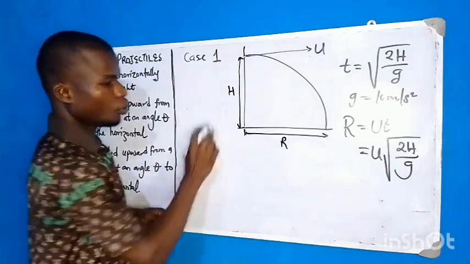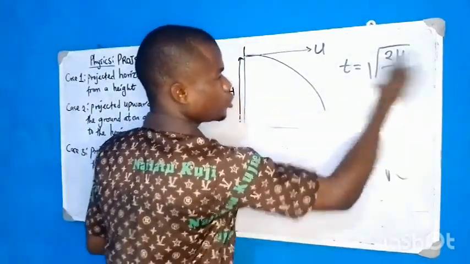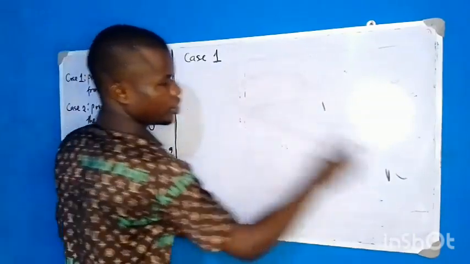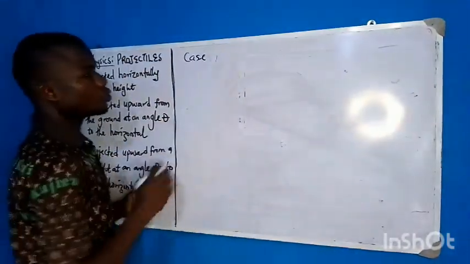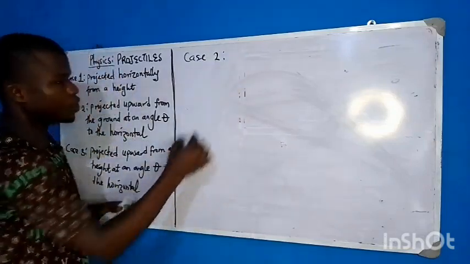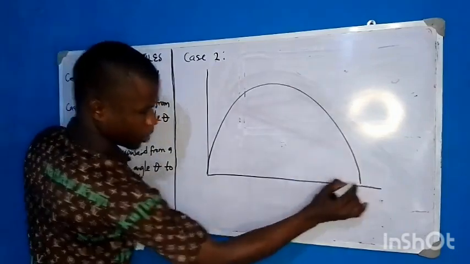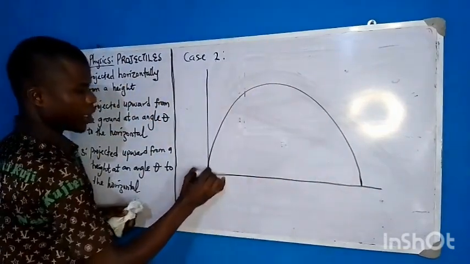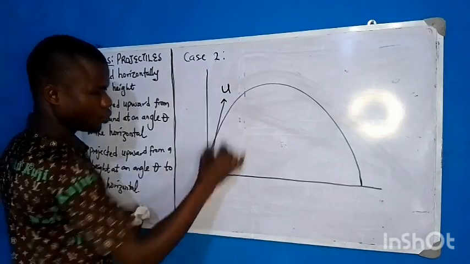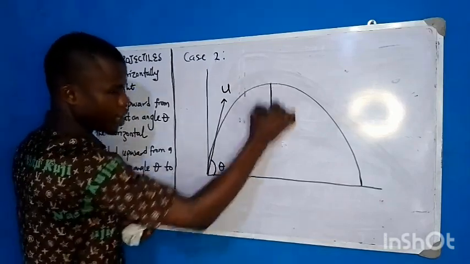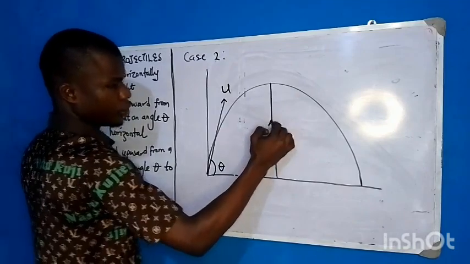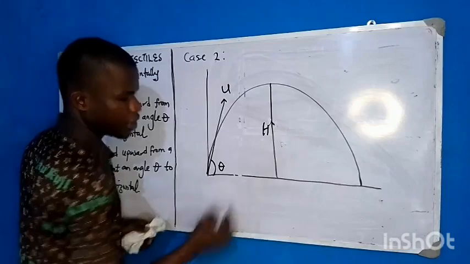That's for case 1. Now let's look at case 2, which is the most common case. Case 2 is when the object is projected from the ground at an angle theta with initial velocity u. Here we have the maximum height h.